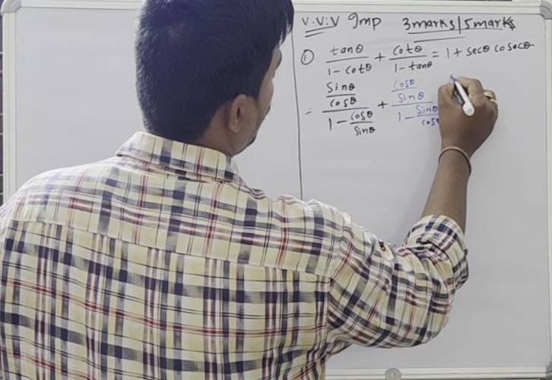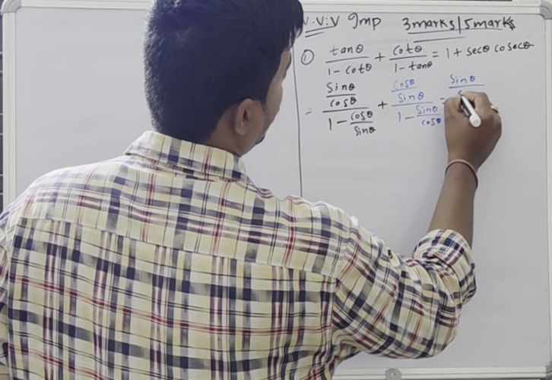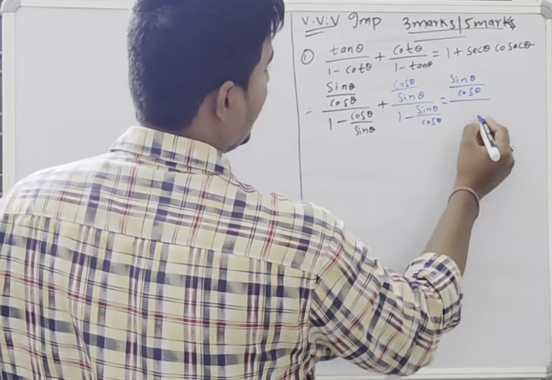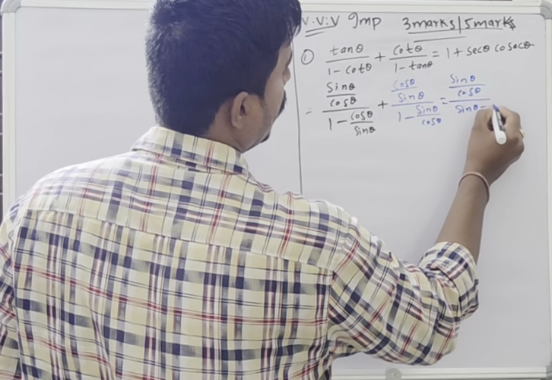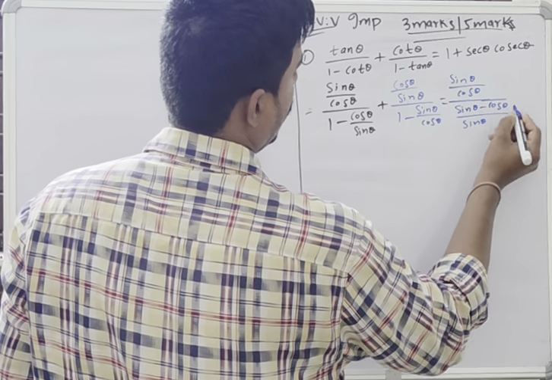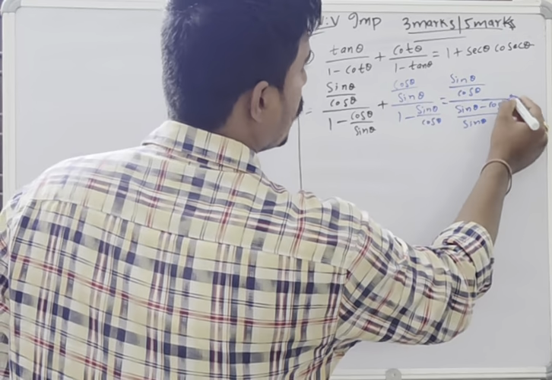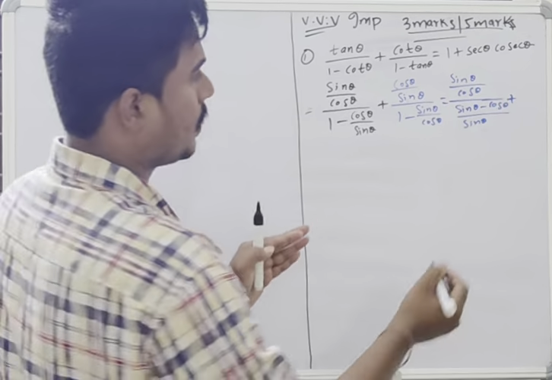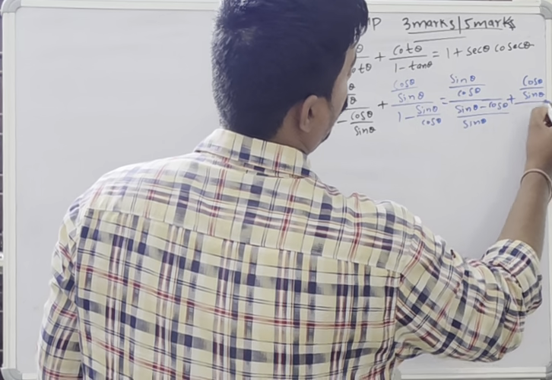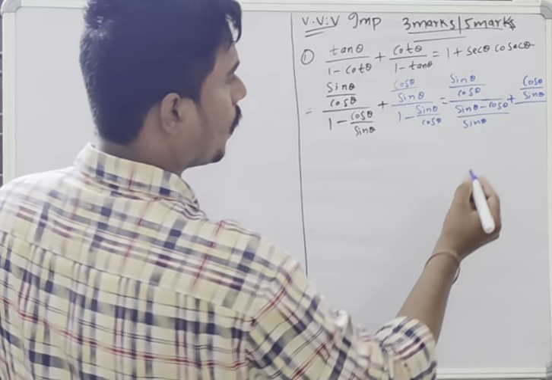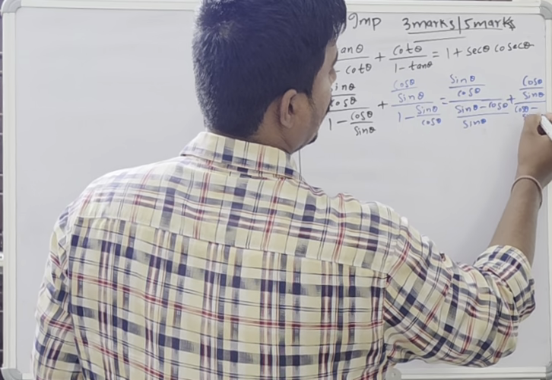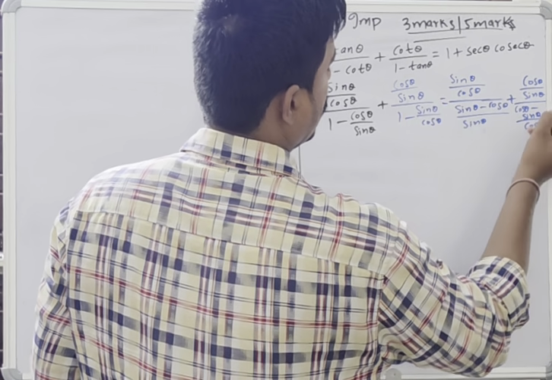So sin theta by cos theta whole by sin theta into 1 is sin theta, sin theta minus cos theta by sin theta, plus this numerator as it is, cos theta by sin theta whole by cos theta into 1 is cos theta. So cos theta minus sin theta whole by cos theta.